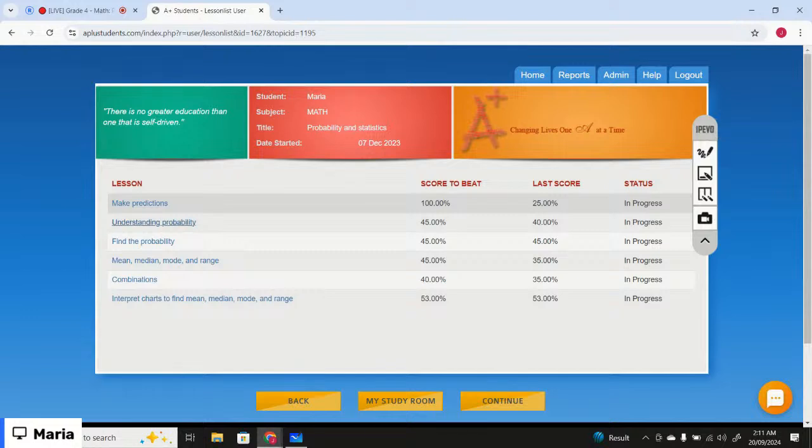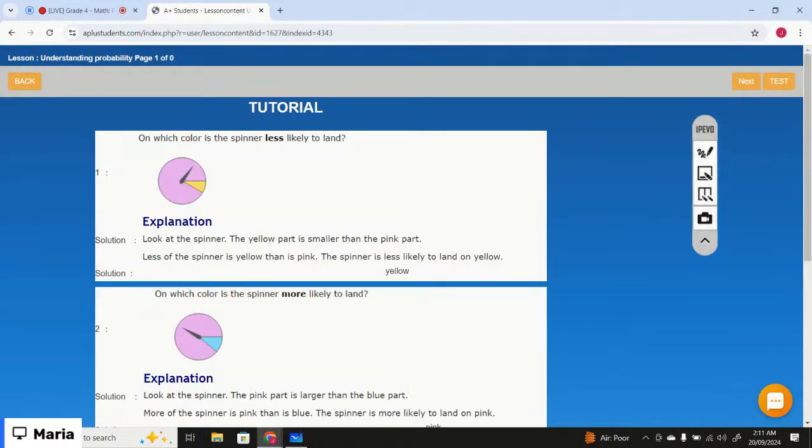Let's just start with the next lesson. On which color is the spinner less likely to land? So which is the correct option?